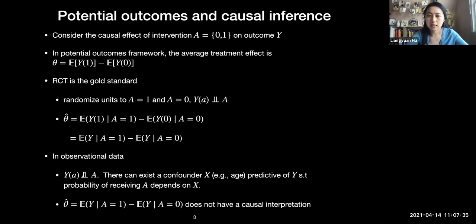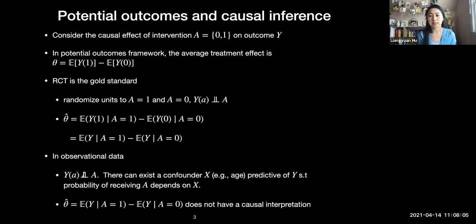But in many cases that I'll be talking about later, we cannot conduct RCT, so we have to rely on observational or non-experimental data to draw causal inference. So in this case, the potential outcome would not be independent of treatment assignment, because there might exist a confounder that is predictive of the outcome, such that the probability of receiving treatment depends on the covariates.